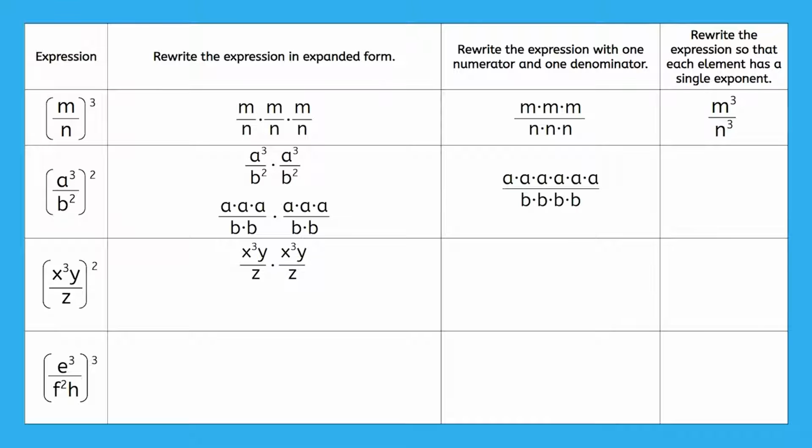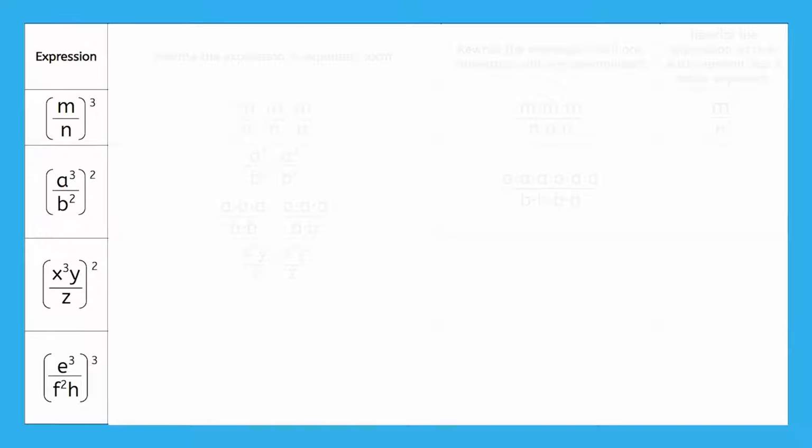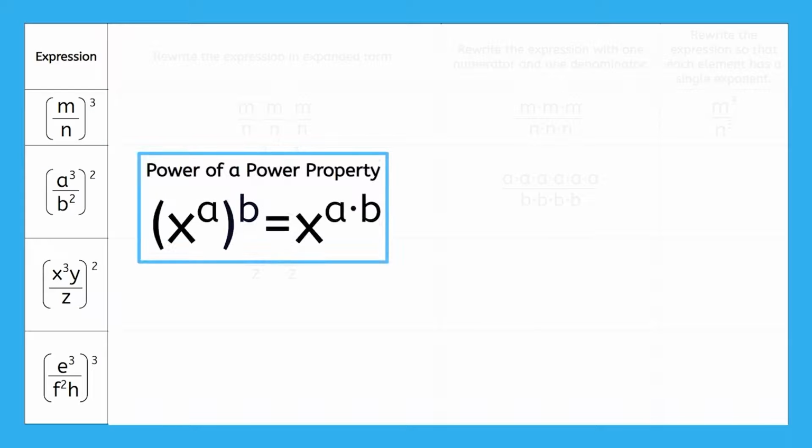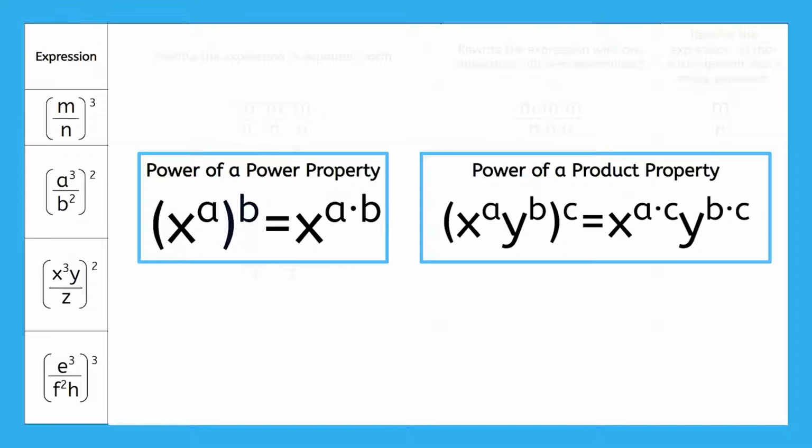Let's start by taking a look at this first column. Do you notice any similarities to the expressions we've simplified before? I notice that there's an expression inside parentheses and an exponent outside. That's similar to the expressions we simplified with the power of a power and the power of a product properties.